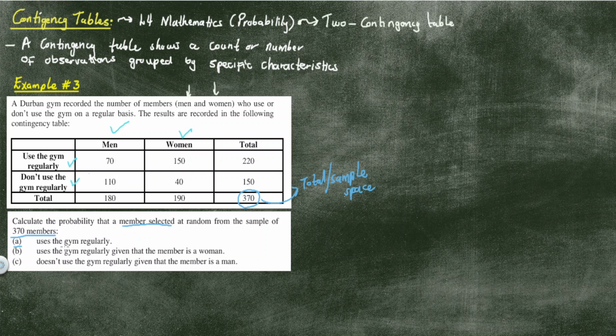A: uses the gym regularly. What is the probability that our members use the gym regularly?